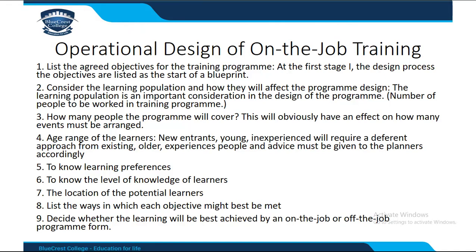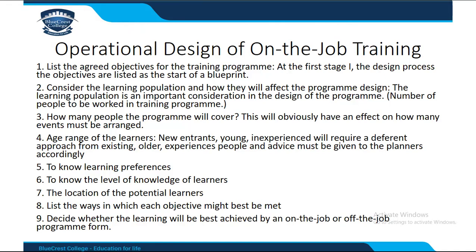You should also know the learning preferences for your trainees. How do they want to be trained? Based on the alternatives that are available to you, which of the training modes will best work for the employees, or will be the best option for the employees. So get to know their learning preferences.